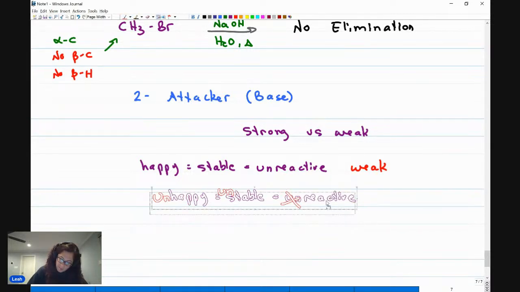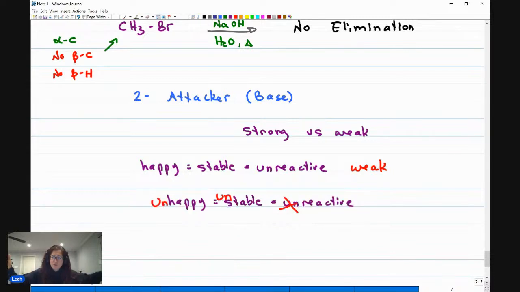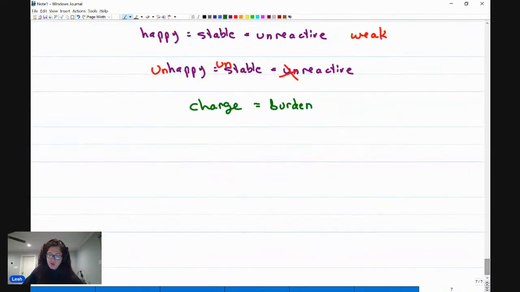What would make a molecule, a measly old collection of atoms, happy or unhappy? Typically, we're looking at one simple thing, and that is charge. Charge is a burden, and molecules do not like that burden. The more charge, the more strong the negative on that molecule, the more it's going to react.